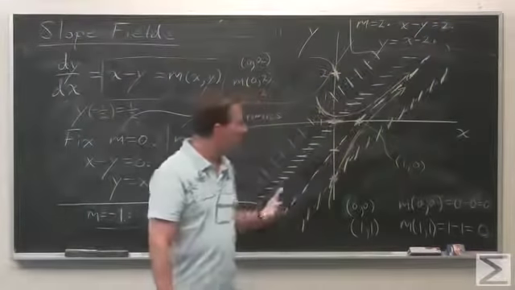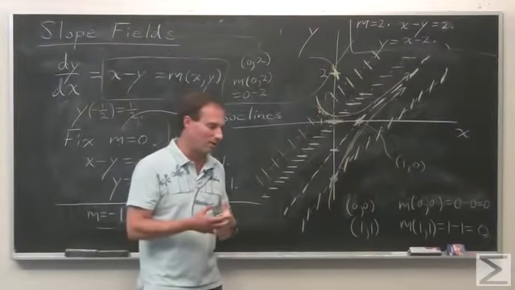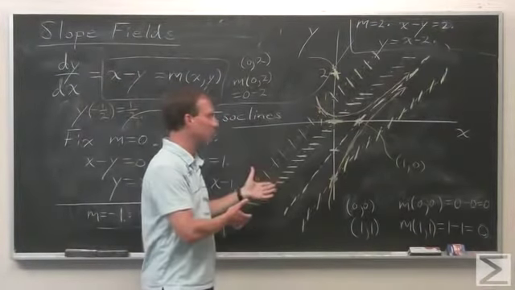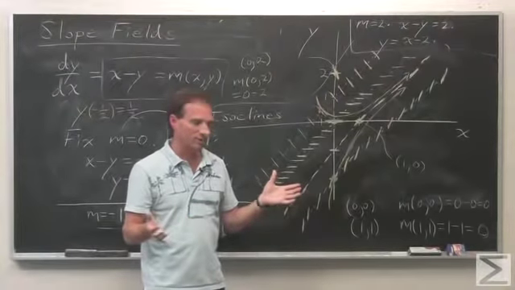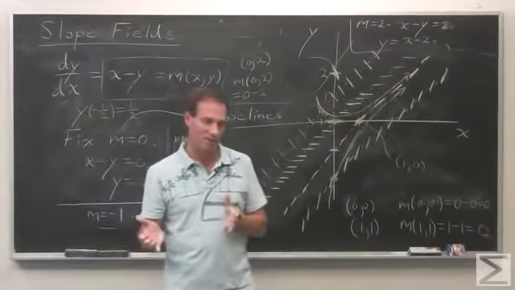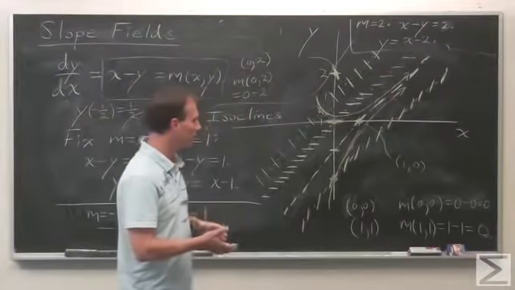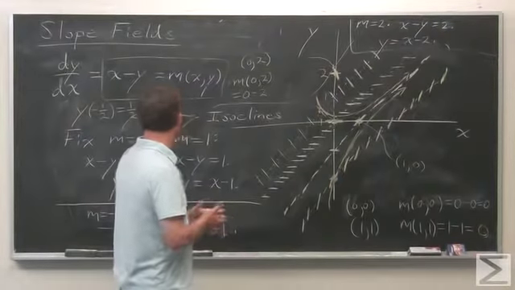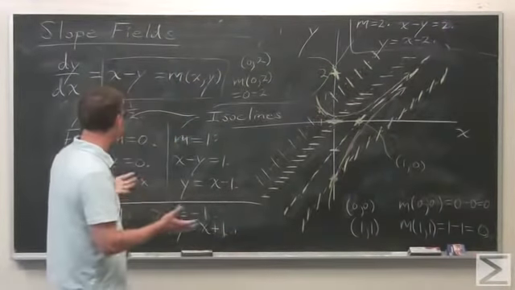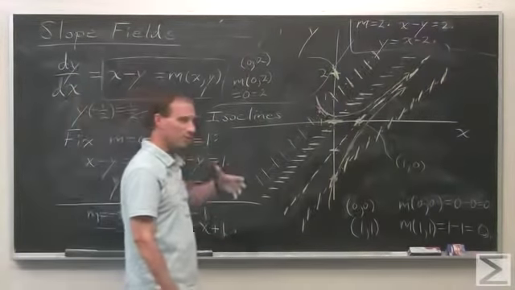However, sketching these curves on a slope field is less accurate than doing Euler's method. And you have to have a computer to draw the slope field so that it's any good. You pretty much have to have a computer to do enough steps of Euler's method too. So if you really want to know the numerical value of an approximation to a solution to an initial value problem, you'd rather use Euler's method.